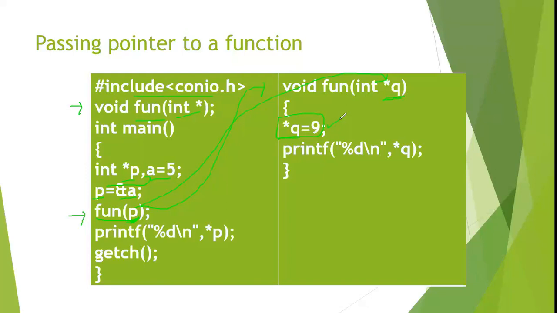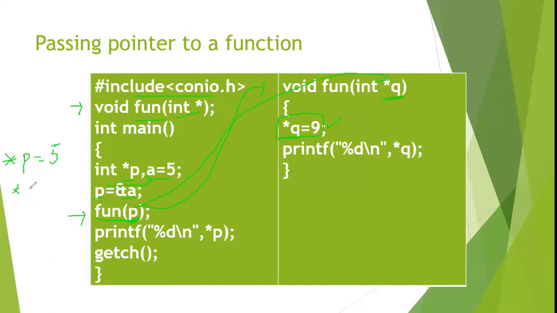Okay, so what was the value of pointer p? We know that pointer p's value was 5, and it was passed to q.